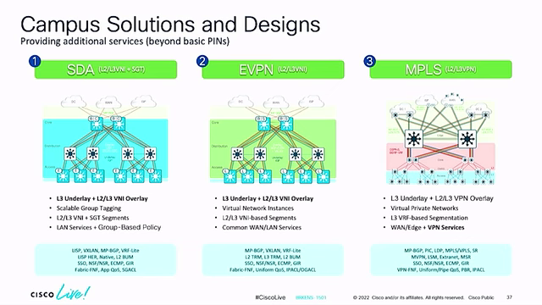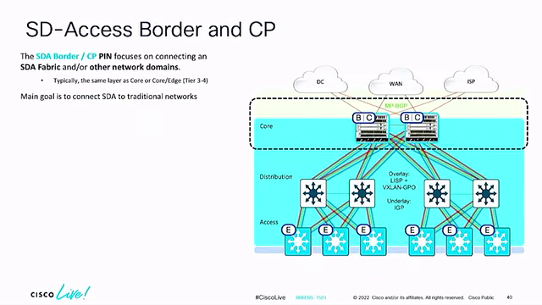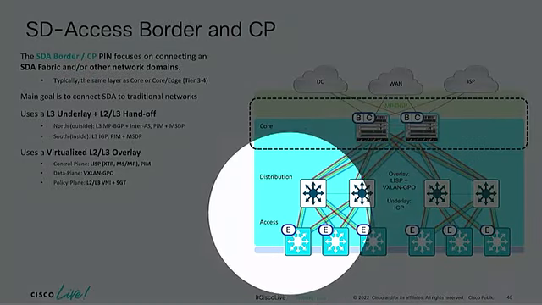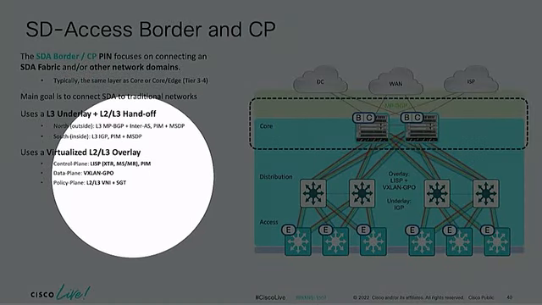Right? So, quick side on SD access. Again, layer 3 underlay. I can do layer 2, layer 3 overlays with those handoffs. I've got virtualization, and one of the big benefits of SD access is the ability to have this integrated policy plane, these SGTs.